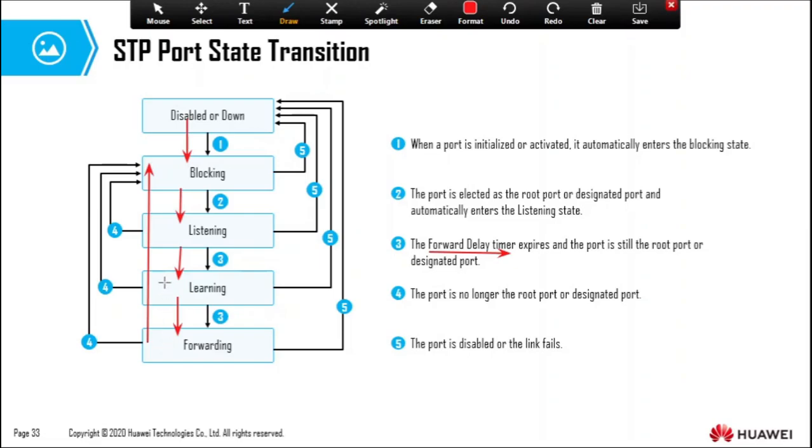We can also transition from learning to blocking, or from listening to blocking. Then the port can also be disabled, or the link can fail. When that happens, you can transition from any of these states back to the down state. That is what we are getting from number 5 there. So that is what happens.